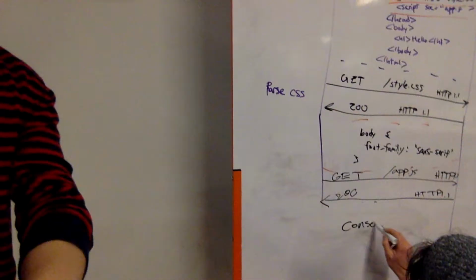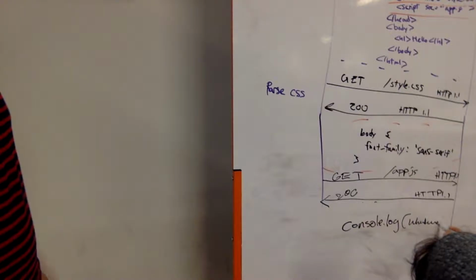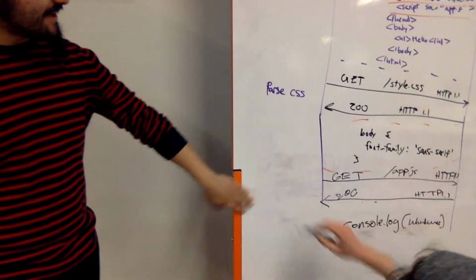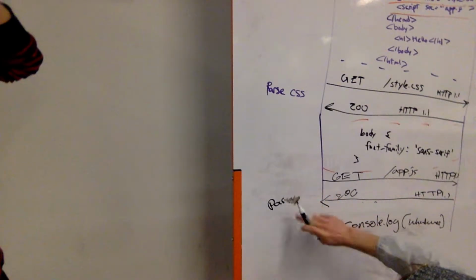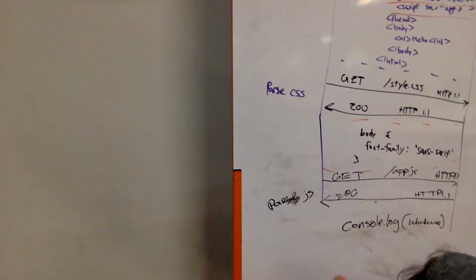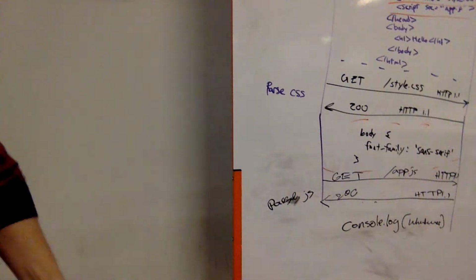Literally just a console log. Whatever. Yep. We get an undefined reference, but that doesn't matter because it's just text at this point. And then it's gonna parse the JS file and run the code. Yeah, cool. Give him a hand. Cool.